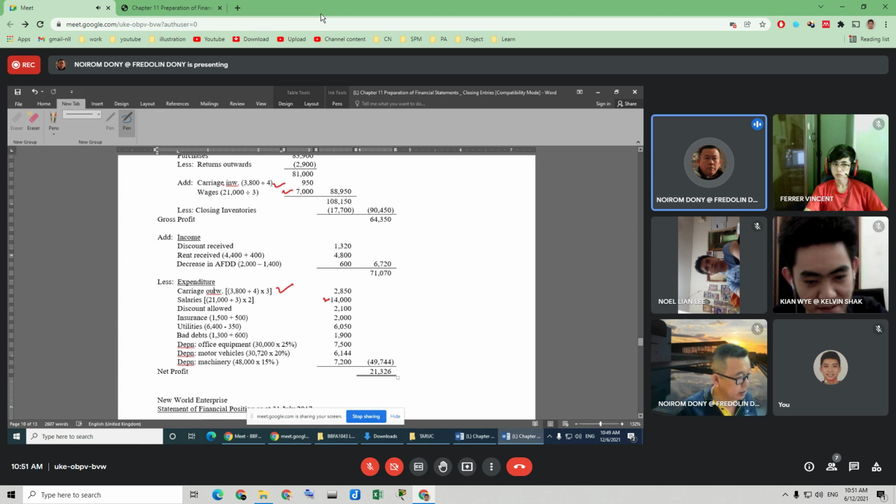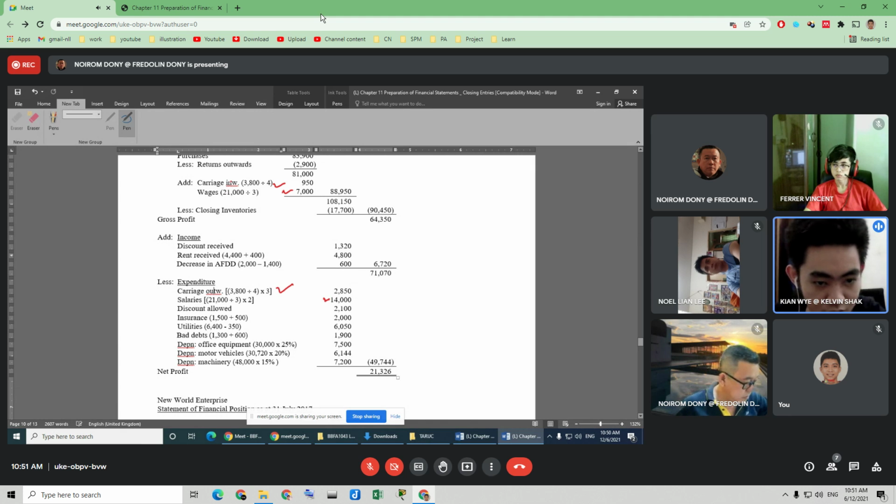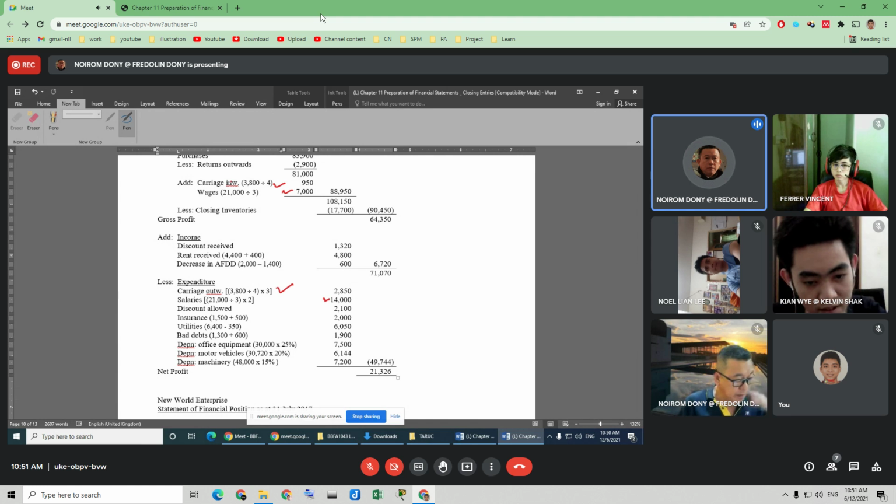The question says a quarter is for the warehouse, did you see the wording? So it's just 1/4 and then the other is 3/4. The remaining will be 3/4 because a quarter means we divide by 4.